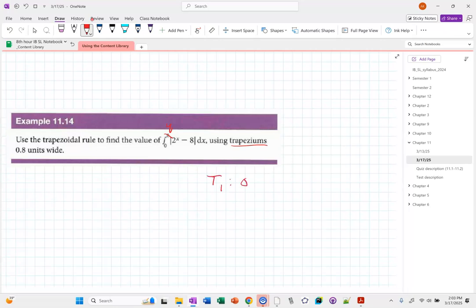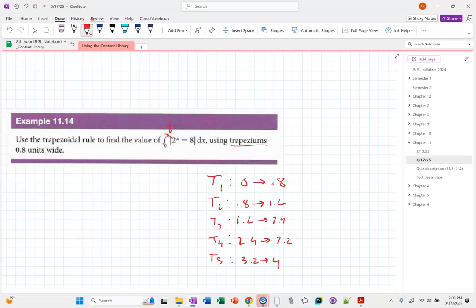So the first trapezoid will go from 0 to 0.8. Trapezoid 2 will go from 0.8 to 1.6. The third one will go from 1.6 to 2.4. The fourth one will go from 2.4 to 3.2. And the fifth one will go from 3.2 to 4.